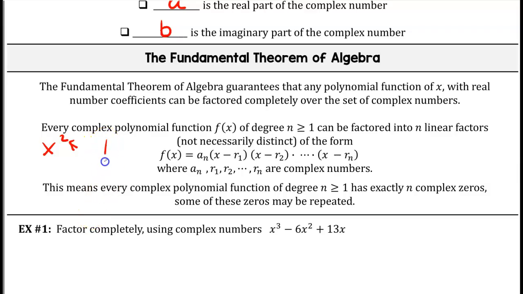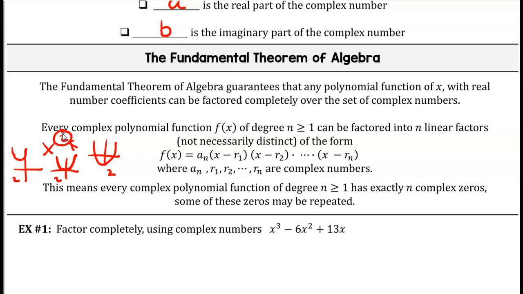Whether it's 2 real roots, or it has no x-intercepts, which means you have 2 imaginary roots, or it touches the axis one time, that's 1 root with multiplicity 2. In every single case, it has 2 roots, because that is the highest degree of the polynomial.